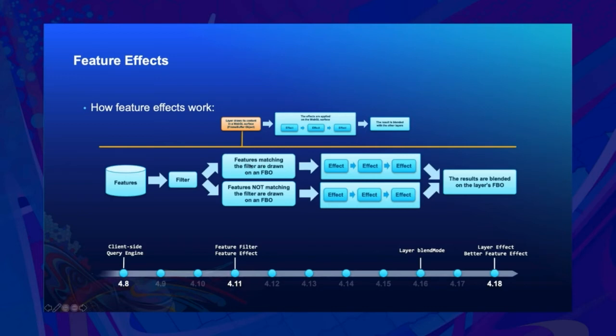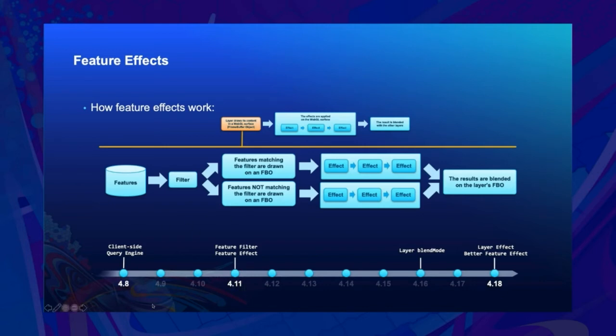Then each of the two buckets goes through the same effect pipeline that we have for a layer effect, and this goes into the layer content. Then this content continues, so you can have a layer effect applied, and then finally it goes into the blending. So there are a lot of steps in the rendering pipeline of the JavaScript API, but this is a synthesized view of it.